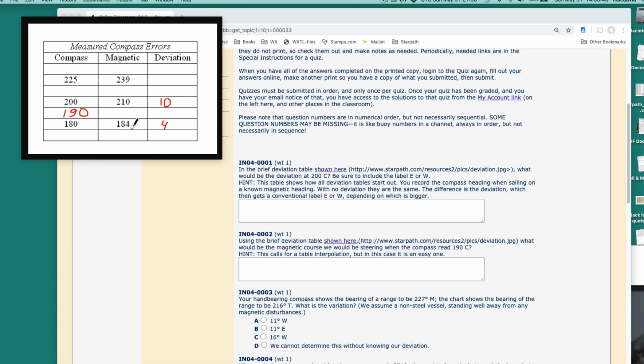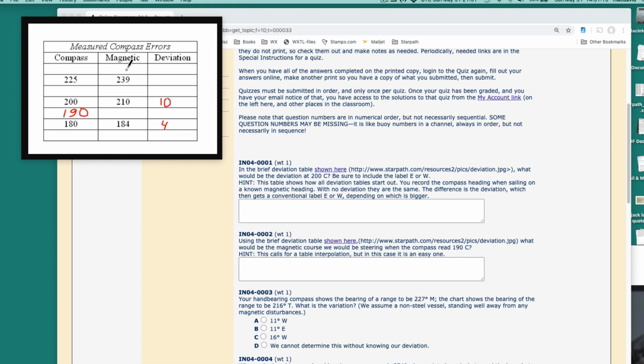Then we need to know which way the correction is, and we have a rule that covers everything. It's called correcting add east. So we're at 200, and correcting means going from the compass to the magnetic, because in a sense this is the proper one, the magnetic one, and this is a compass one that's been disturbed, so it's not correct.